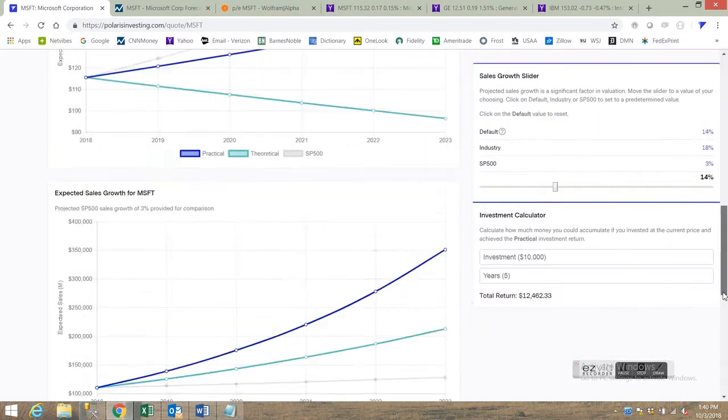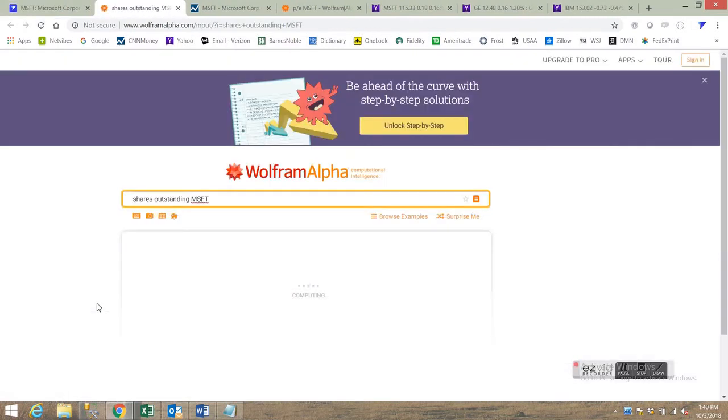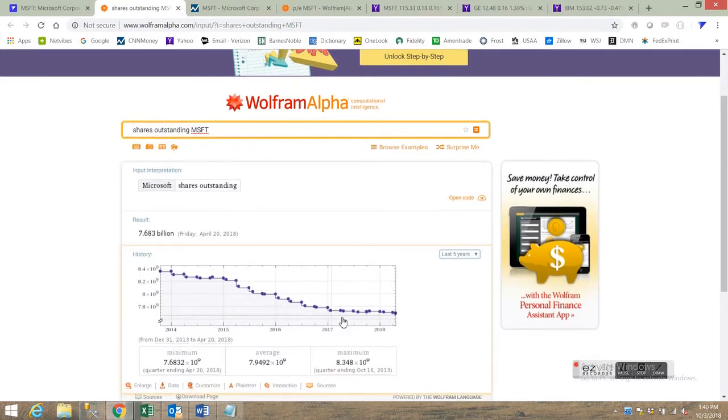So the next dominant factor is the PE. I want to put that off just for a second. Let's talk about some of the other ones. Share issue trend: we can get an idea of what the issue trend has been, and it's just been going down lately a little bit.